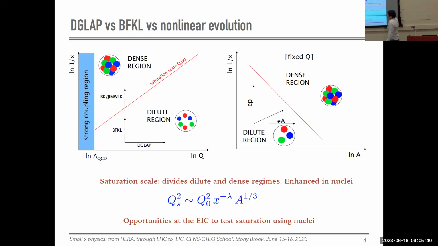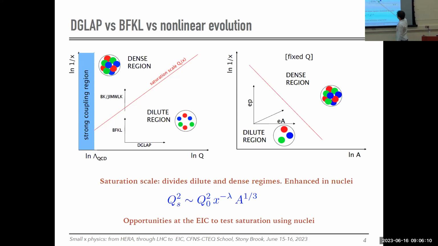Now, this saturation scale is enhanced by nuclei. This is a simplified formula, of course. If you have a large nucleus, the saturation scale is larger, and so you might expect stronger effects there. So if you fix Q, in some sense this plot has another dimension: you can look into log A and log 1 over x.